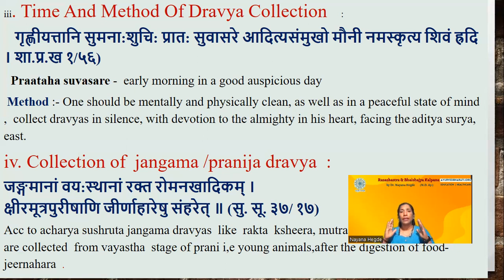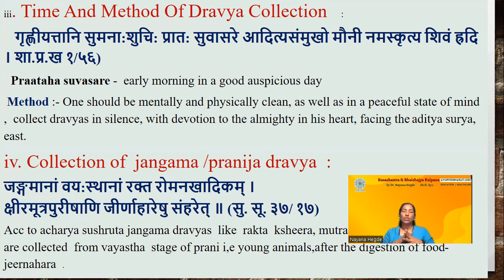It means if we are collecting Rakta, Roma, Naka, Shira, Mutra, Purisha, we should collect from the Vayastha Jangama, means the younger animals.